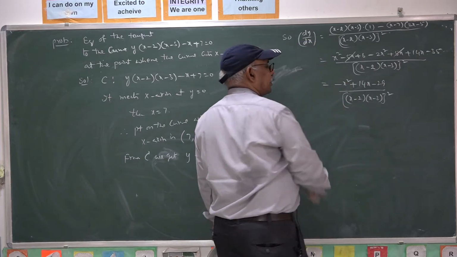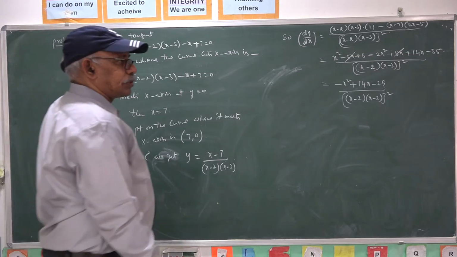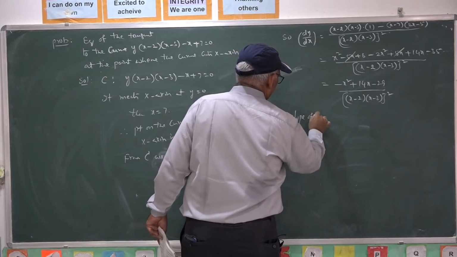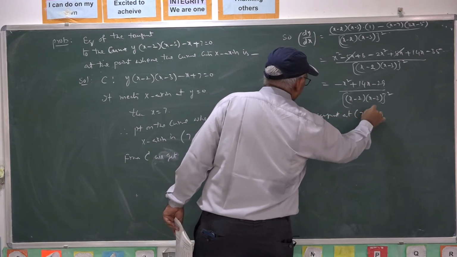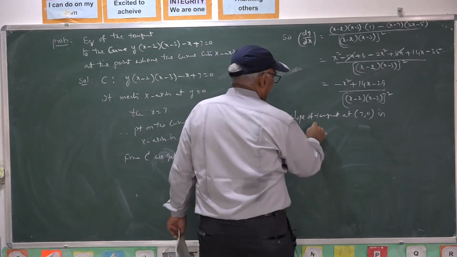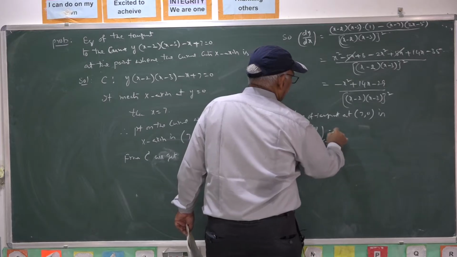This is our derivative. To get a tangent equation, the slope of the tangent at (7, 0) is dy by dx at (7, 0). That is m.